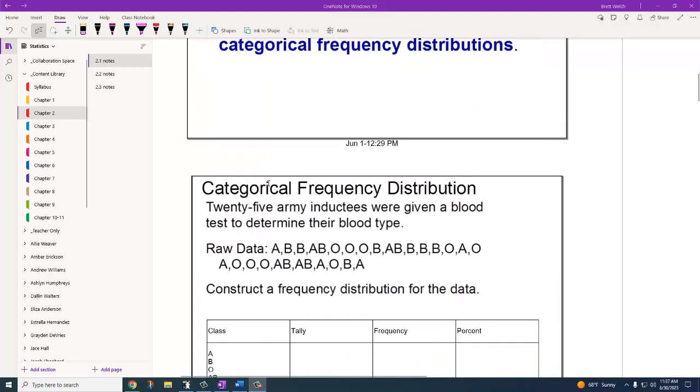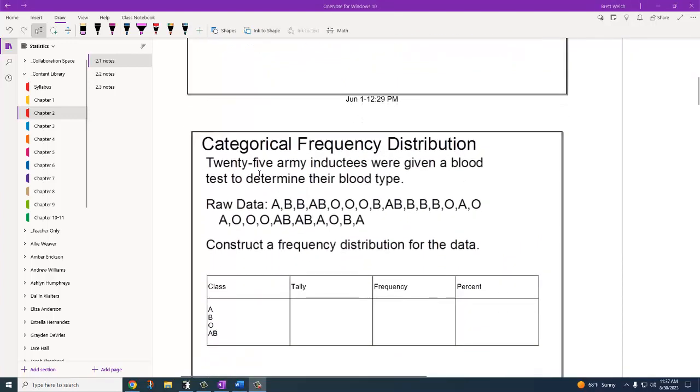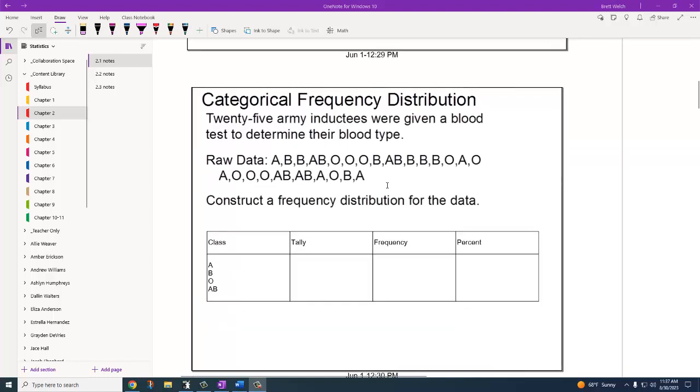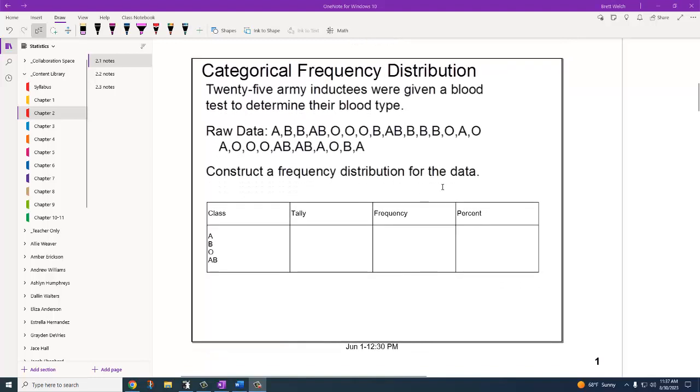In these categorical frequency distributions, an example of this would be your blood type. That's going to be a nominal, not ordinal, but a nominal type of data, and we're not going to be able to classify it as good, better, best. We can't say from 0 to 10 is this, so we're left with a categorical frequency distribution.